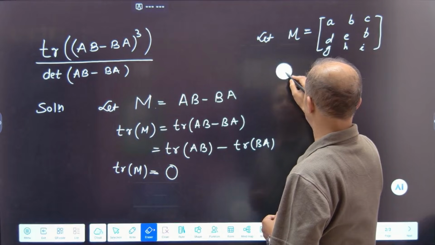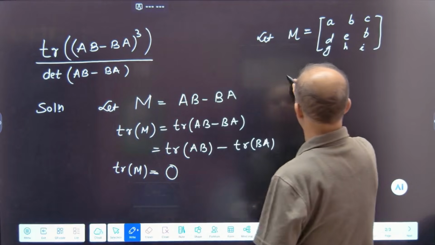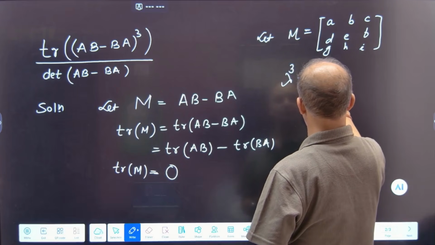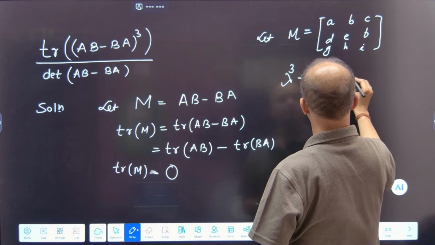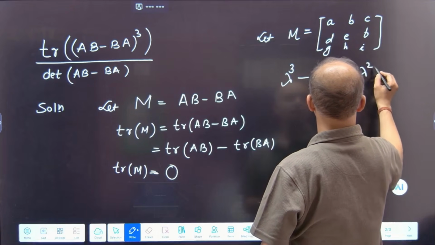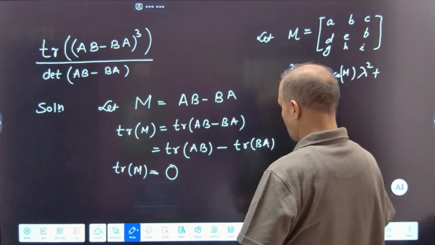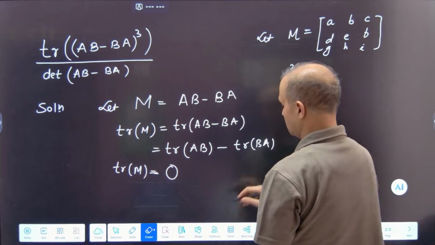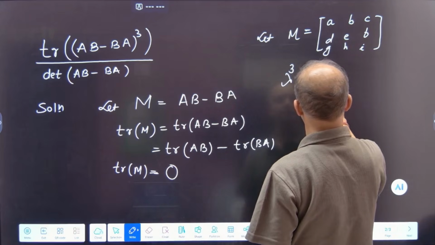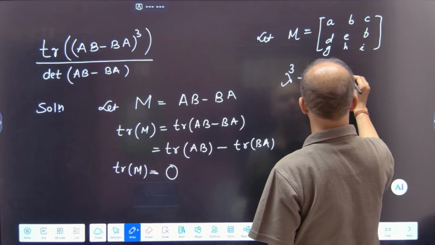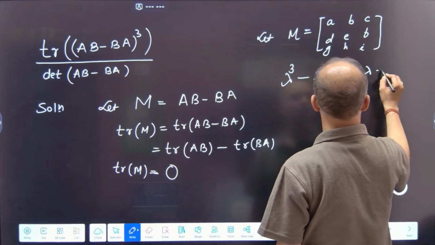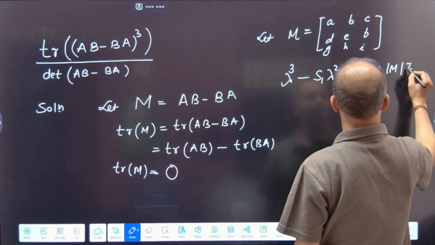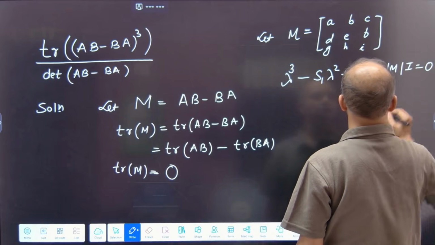Let's say it's lambda cube minus, here it will be trace of A, so trace of M lambda squared plus, or let me write it in a different way. Suppose you want to say this, the constant S1. Let's say lambda cube minus S1 lambda squared plus S2 lambda minus determinant of M times I is equal to 0.